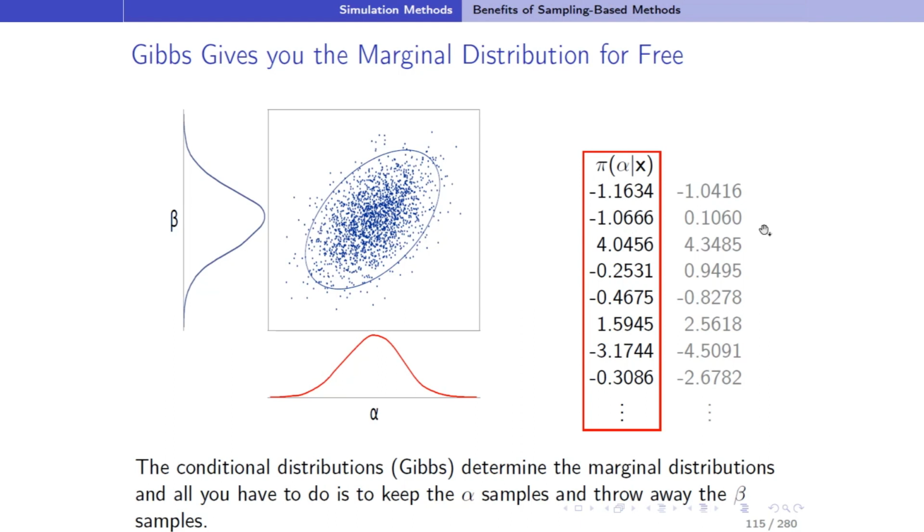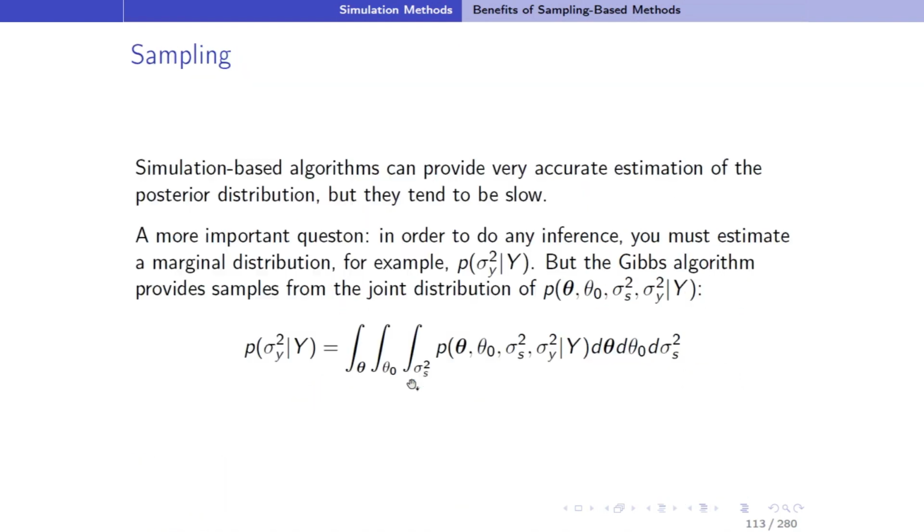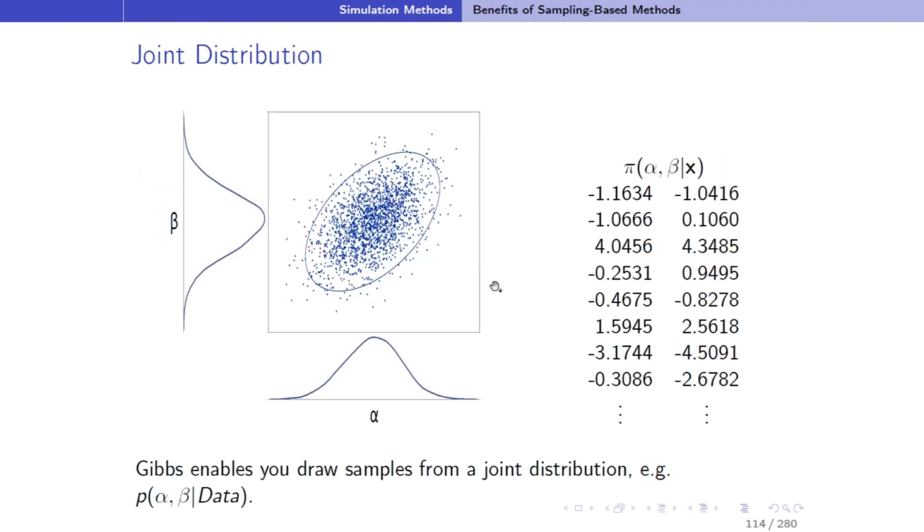This is almost magical, in the sense that in any Markov chain, you throw away the things you don't want and keep what you have, and you get your marginal distribution. So this numerical evaluation is trivial if you have a Markov chain Monte Carlo chain, a Gibbs of the entire parameter space, and you throw away all these samples to keep what you want, and you get yourself a marginal distribution.